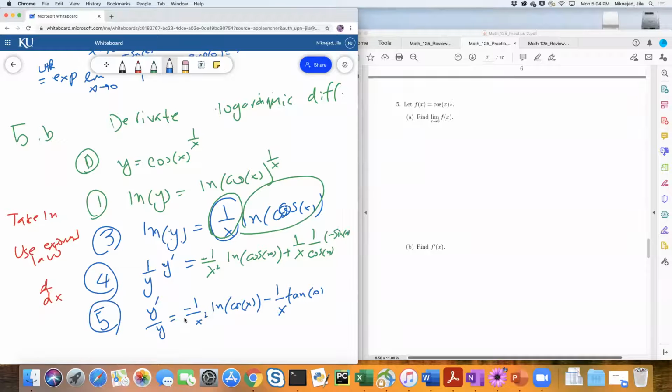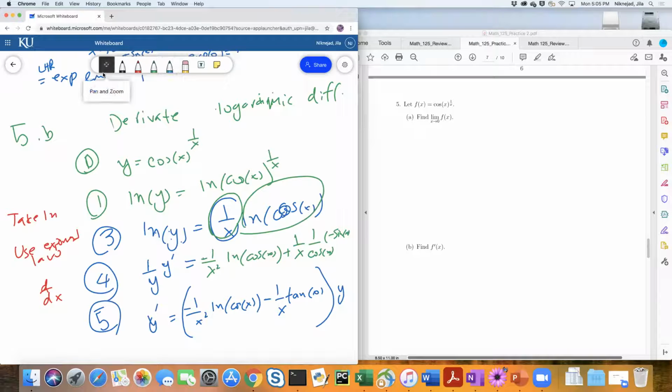And then now I want to solve for y prime. What did I want? I wanted the derivative. Now it's time to solve for y prime. So solving for y prime means multiplying by y, multiplying the entire thing, big parentheses, by y.